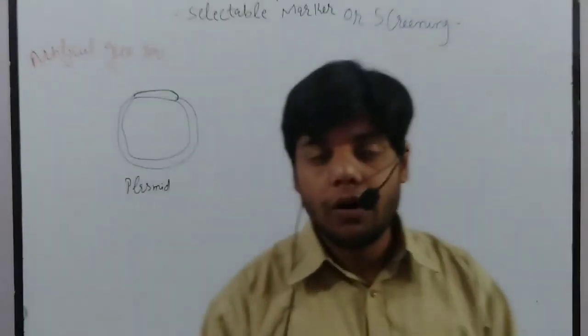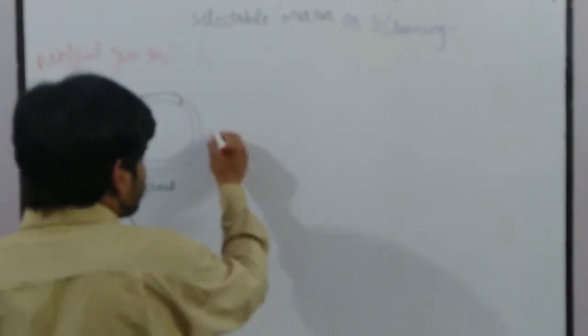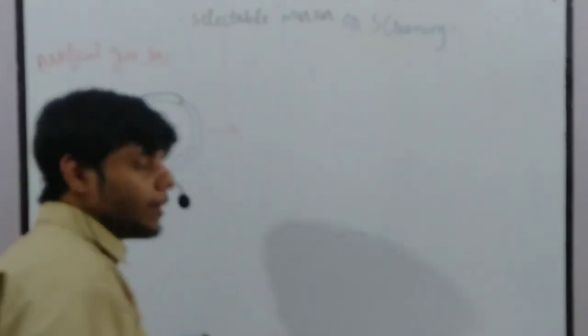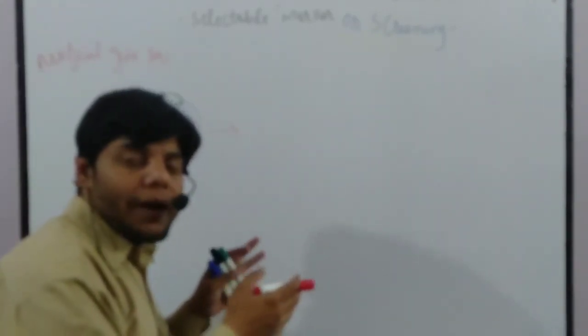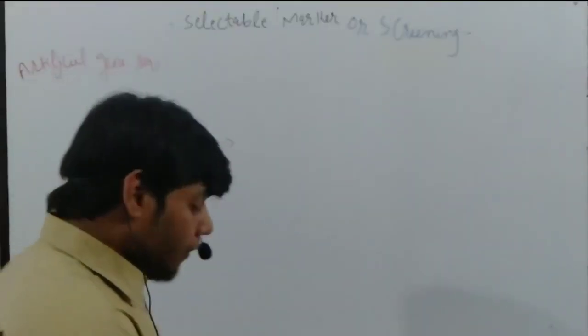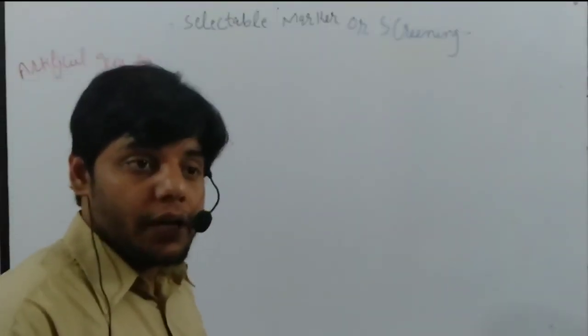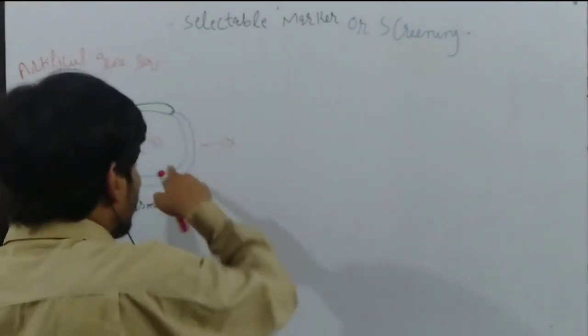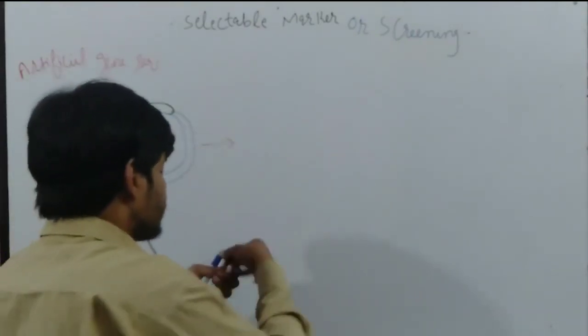After that, we insert it into the vector. This is now called recombinant DNA, because in this case we combine our gene of interest into the vector. Once we get the recombinant DNA, our next step is to insert this recombinant DNA into a bacterial host cell.